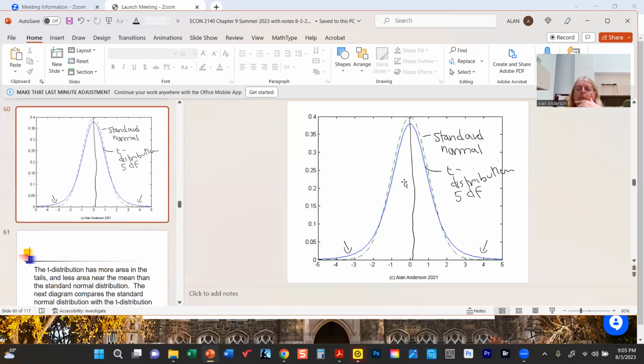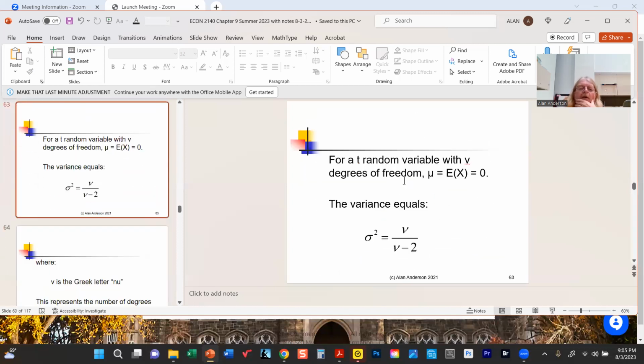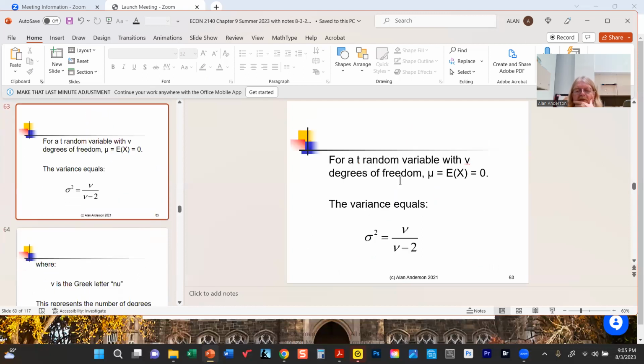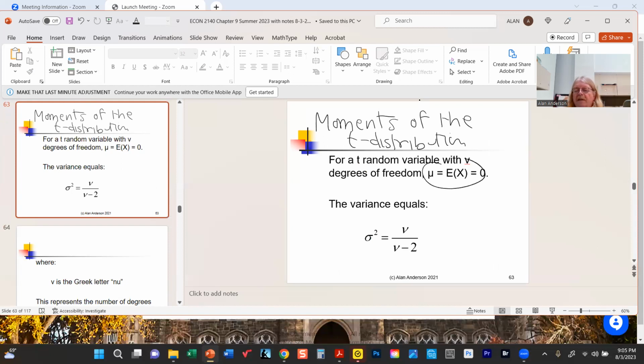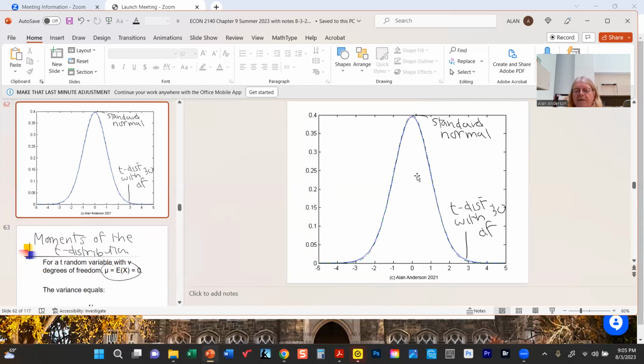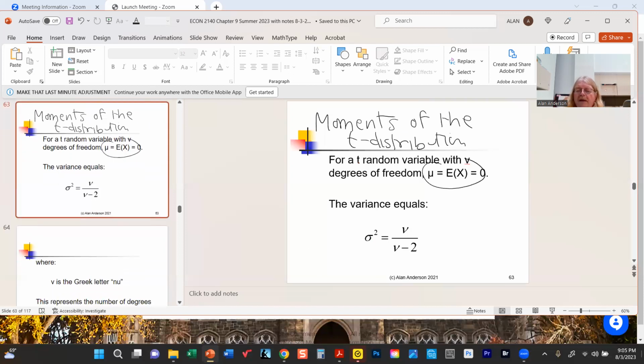Okay. Well then, by the way, I want to show you the moments of the T distribution. We always have moments with every new probability distribution. So the mean is 0, just like the standard normal. You can tell by looking at the graph. Now, I just want to introduce a new symbol here.